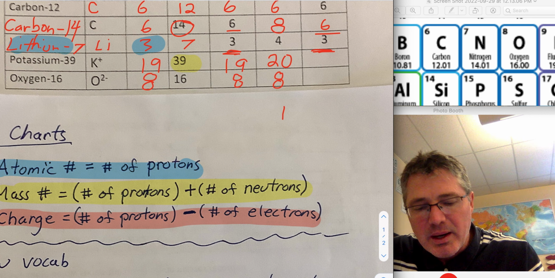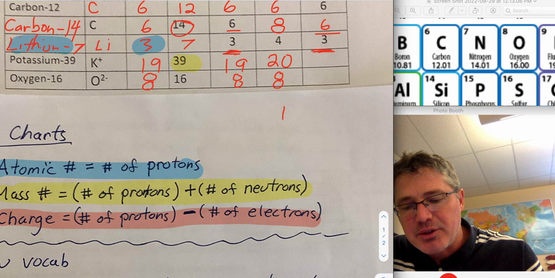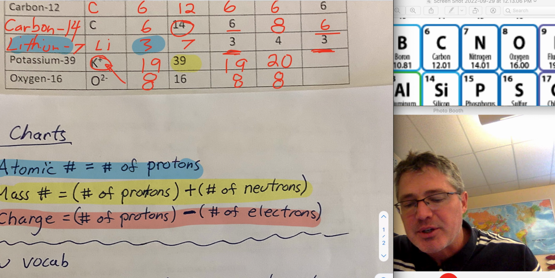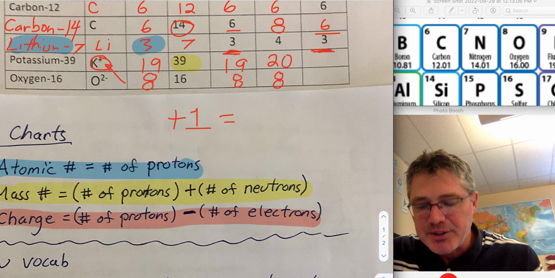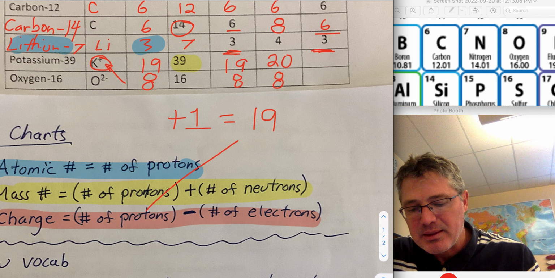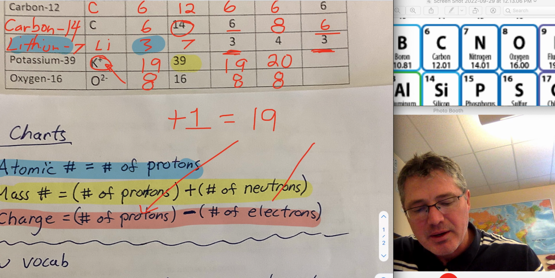If I write this out, this might help us as well. So the charge is equal to the protons minus the electrons. In that first case, our charge of potassium, if we look at the very top, right where I'm pointing with that arrow, it has a charge of plus, and that means plus 1. So it's a positive 1 charge. And that charge is equal to the number of protons. So I'm going to write in the number of protons from that equation, and I'm going to subtract the number of electrons.